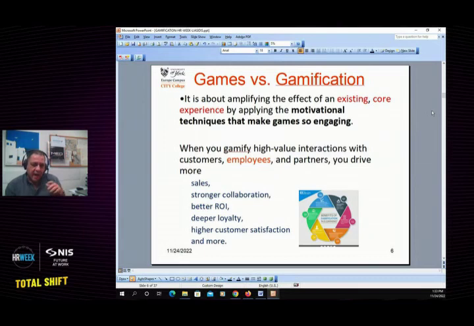When you gamify high value interactions with customers and, in our case, employees and partners, who could be associates or suppliers, you drive more sales, stronger collaboration, better return on investment, and who doesn't want that? Deeper loyalty, higher customer satisfaction, and many, many other things.